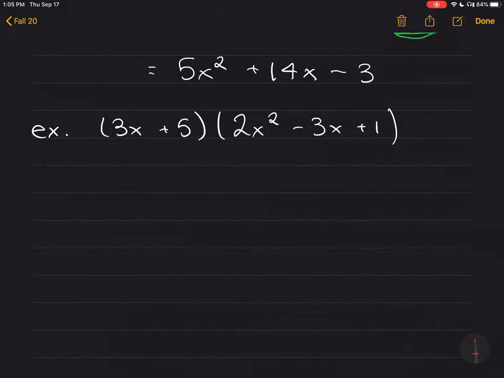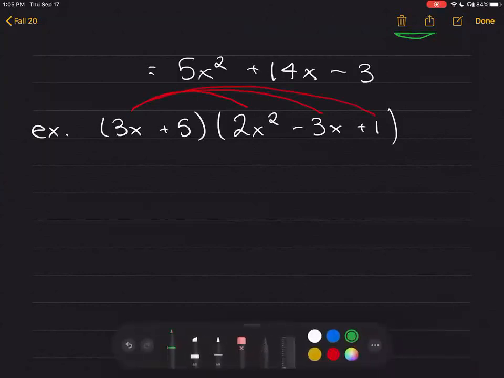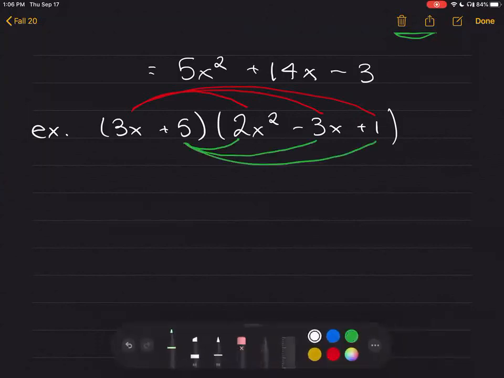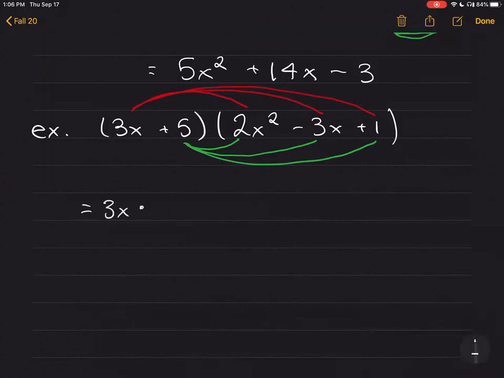So we're going to need to take this 3x term, we're going to have to distribute it to each of these like that. And we're also going to need to take care of this 5 and distribute it to each of those right there. So we get 3x times 2x squared for this first red line.